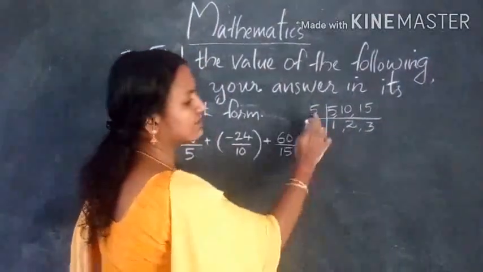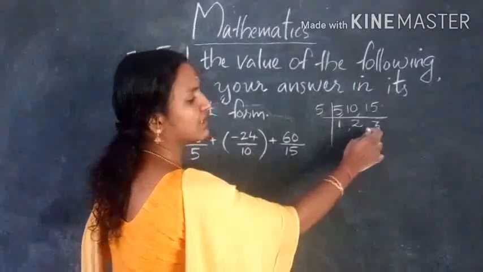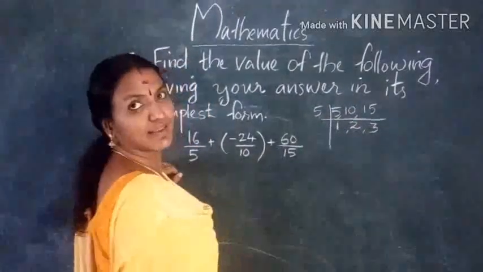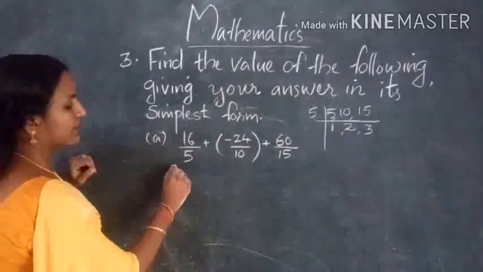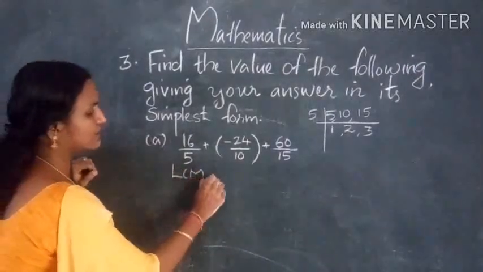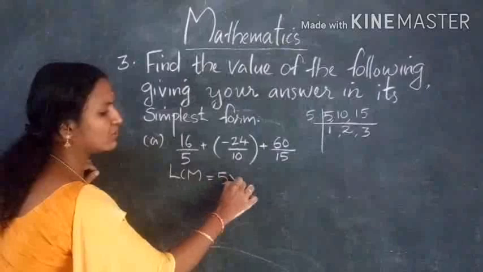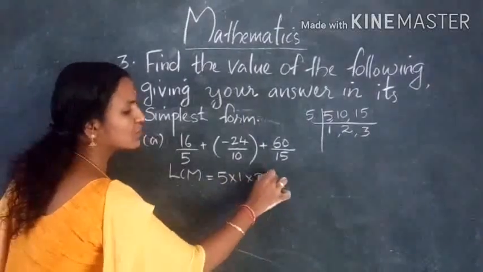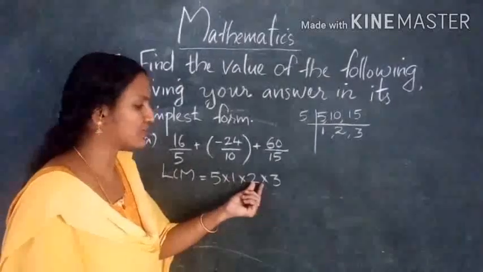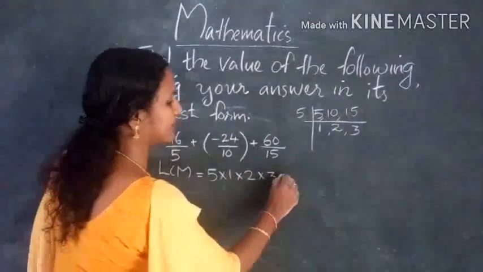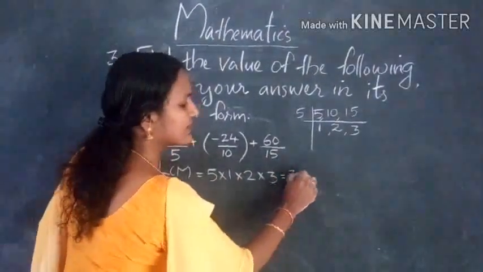So the LCM is 5 into 1 into 2 into 3. 5 2s are 10. 10 3s are 30. LCM is 30.